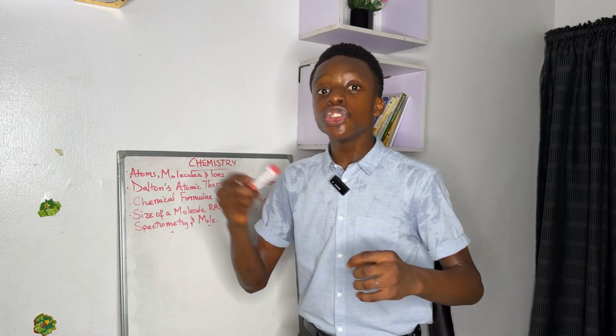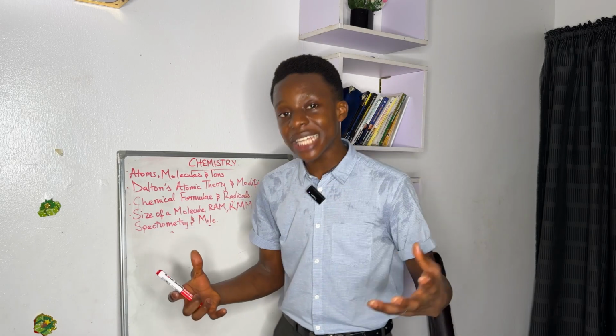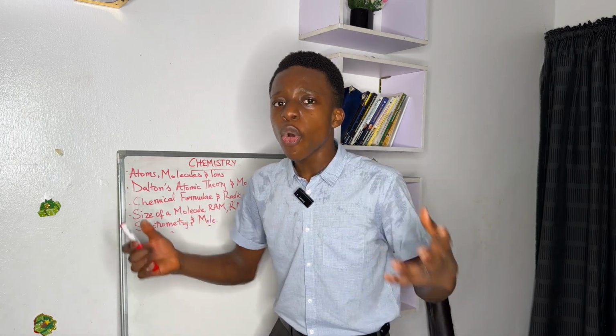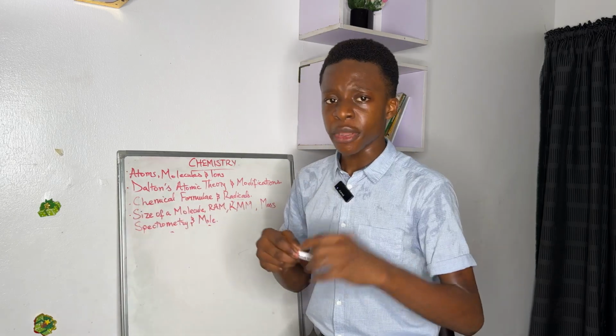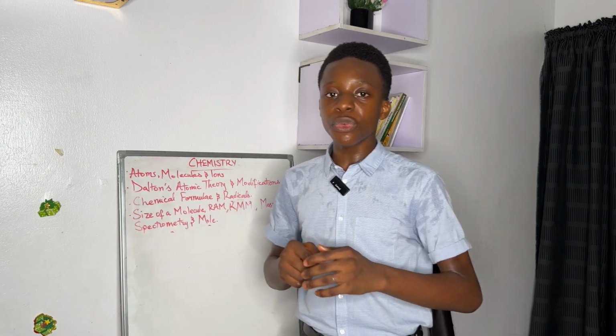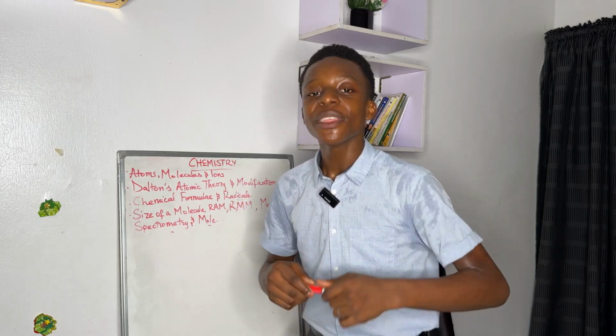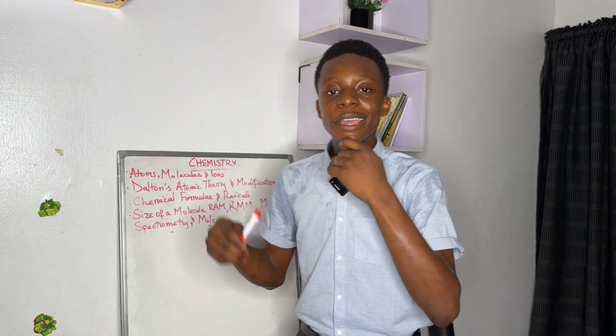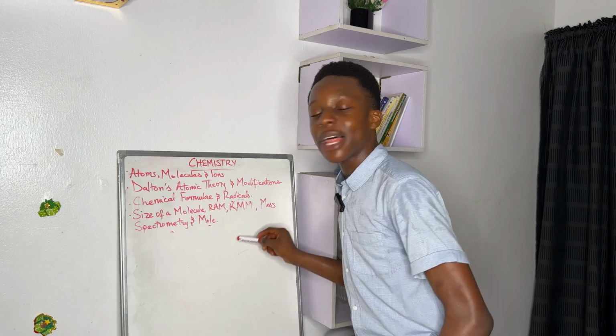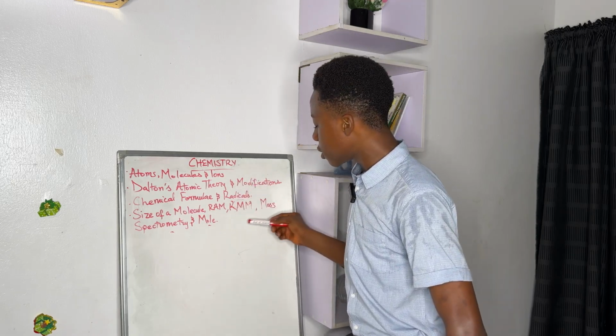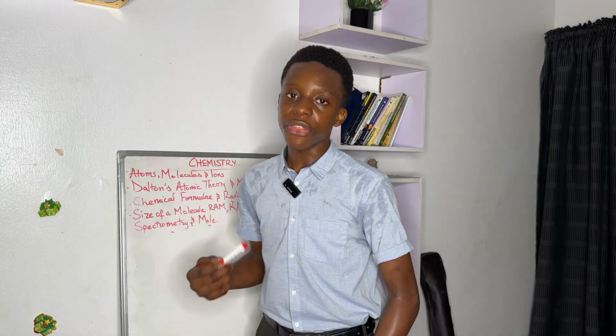But when you dive into nuclear fusion and nuclear fission, you're going to find out that you can actually break down an atom into smaller units or combine smaller units to form a bigger atom. So here's an example. Uranium-235, which is an isotope of uranium, I'm going to talk about that later, can go through nuclear fission, which is the separation of its nucleus, the proton and the neutron. Remember, I drew out the planetary model of an atom and I said that the nucleus contains the proton and the neutron.